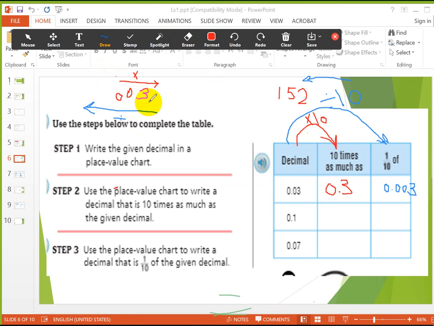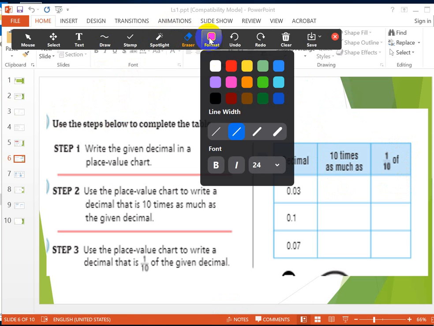So the number will be what? 0.3 in multiplication. Now if I want to divide the number by 10, that means I have to move the decimal point to the left side.